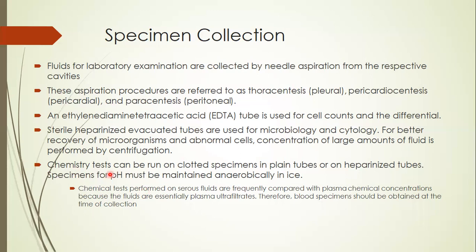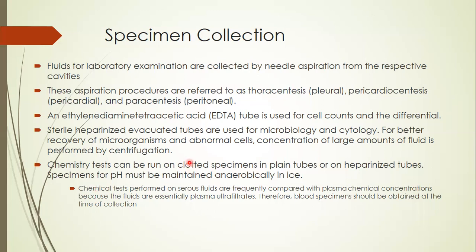Now take note, since usually these chemistry tests that we perform using the collected serous fluid are actually compared to analytes found in the plasma, because remember I mentioned that your serous fluids are actually an ultrafiltrate of your plasma, simultaneously, okay, you should also do a chemistry test using your own blood sample.